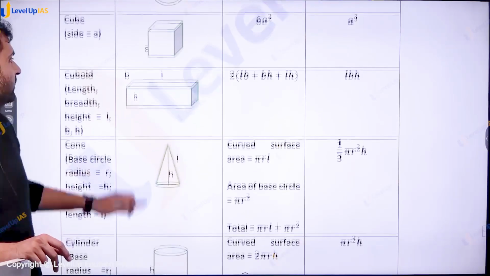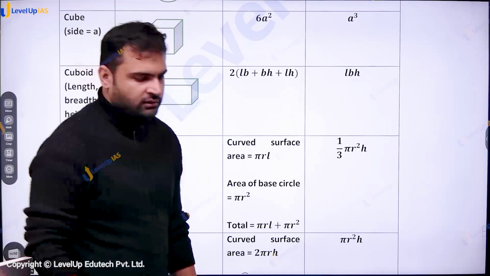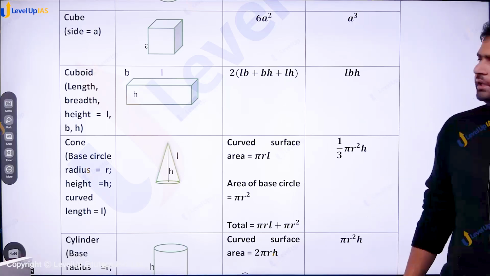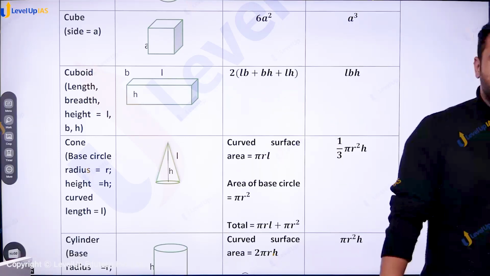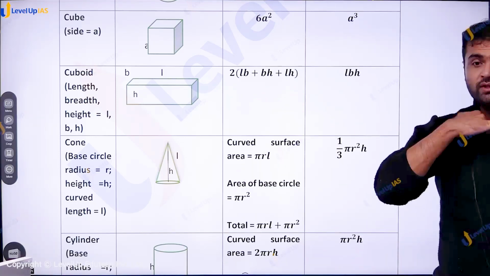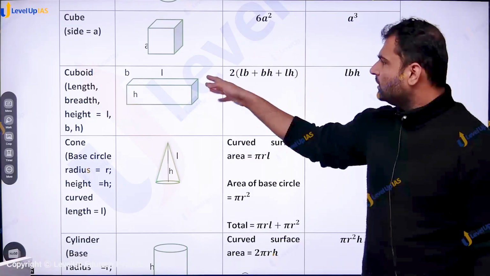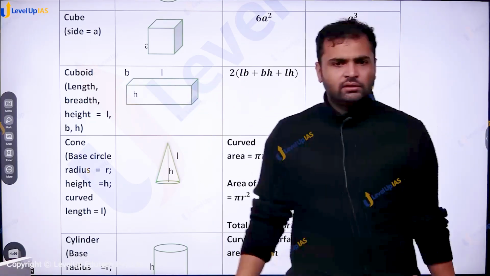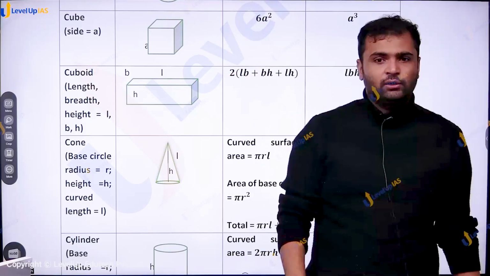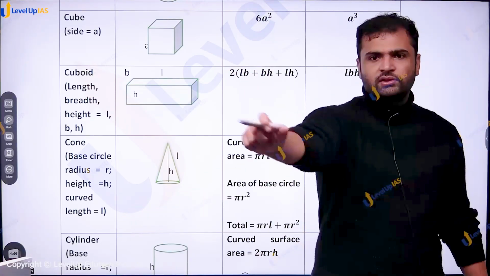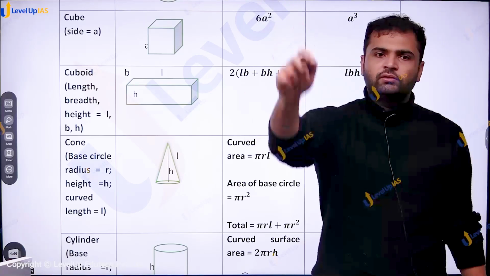Then cuboid. Cuboid is a shape having length, breadth and height that could be different or same. So cube is special case of cuboid where length, breadth and height are same, and here all the faces are rectangular, like this room. Exactly, this room is a cuboid, right? This can be length, this can be breadth, and we have height of the room.